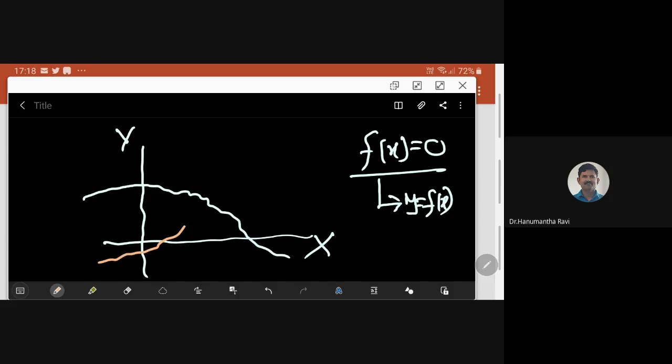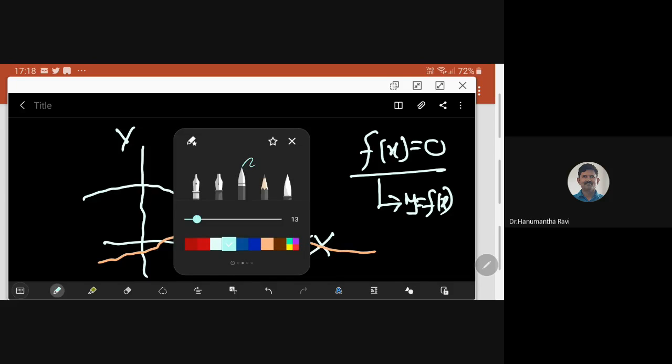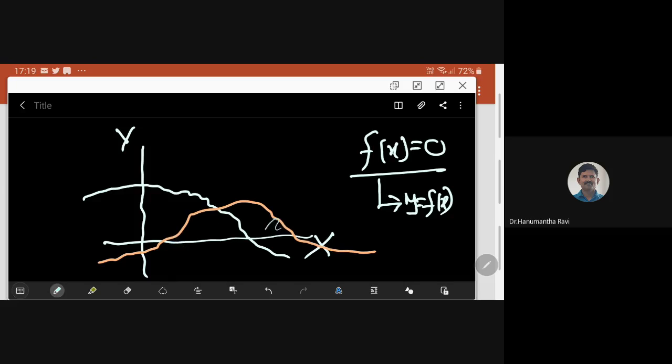Suppose there is some point a comma 0. At this point f of a is 0, y is 0 here. So this is in fact the root of that equation.